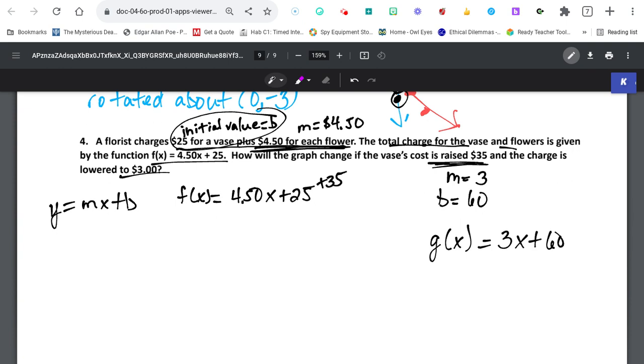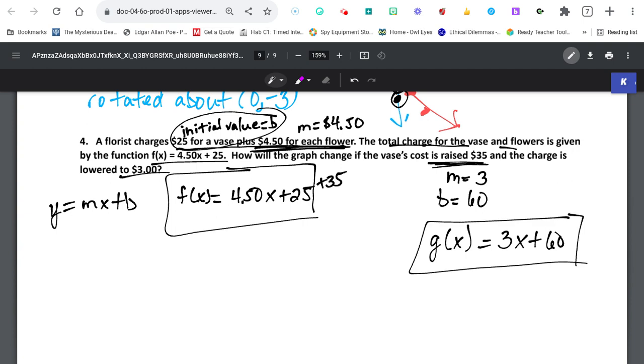So I can see that according to the graph, if I were to graph this one, it would have originally had a y-intercept of 25. But now this has a y-intercept of 60.